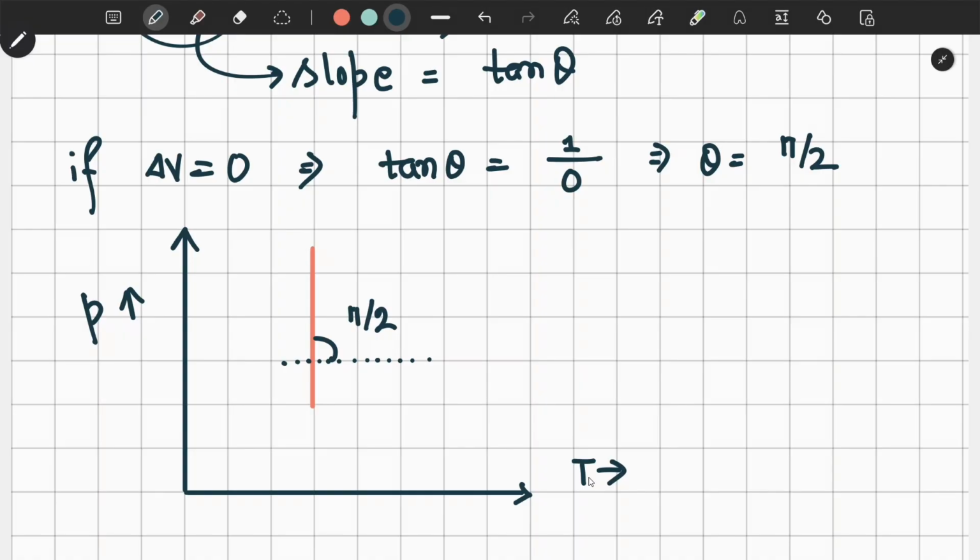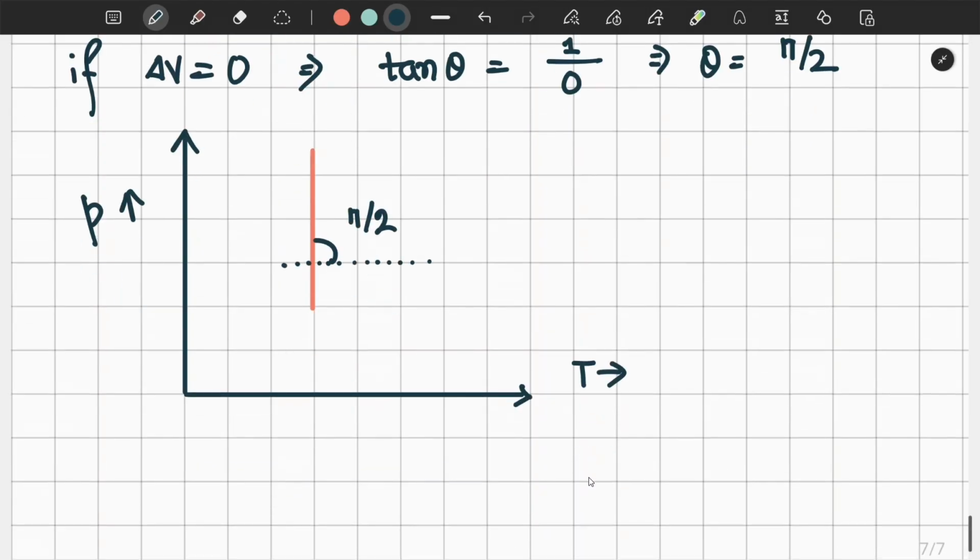Clear? Where I draw this line, left side or right side or in the middle, anywhere does not matter. What is the significance of this process, where delta V is 0? This is kind of a jump.